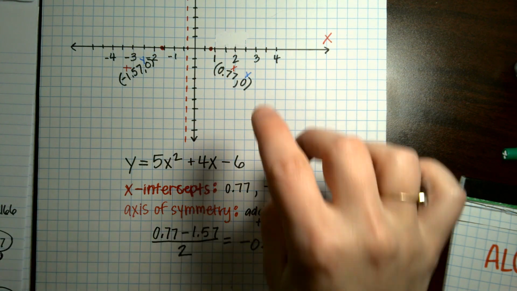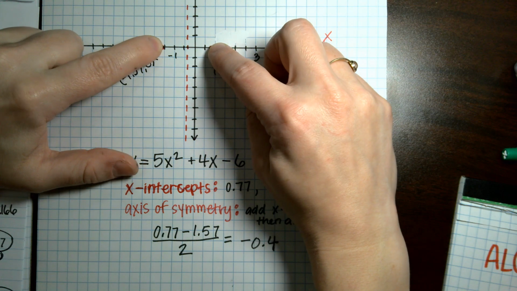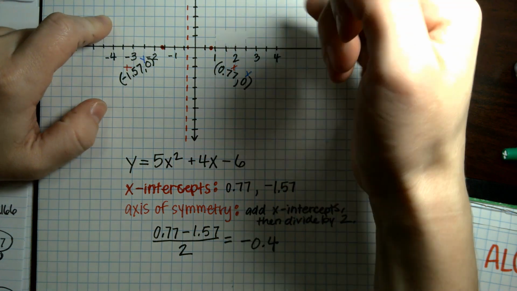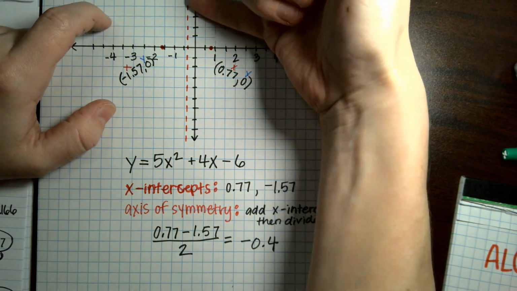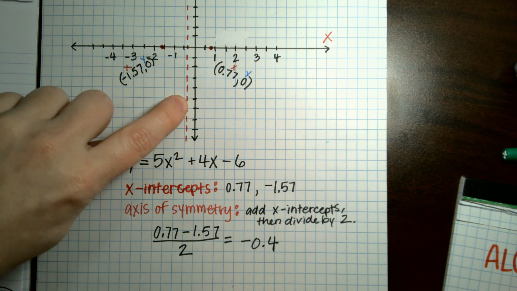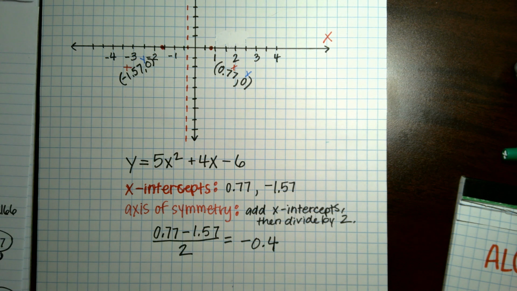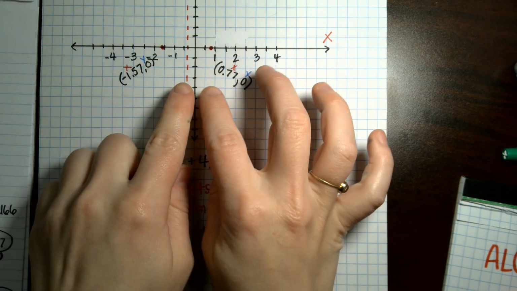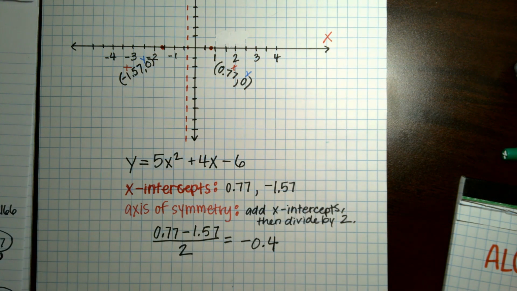Okay. So we just found where the U shape is going to cross the x-axis. We found where the vertex is going to fall on the x-axis. The vertex is the point in the middle that is the bottom of the U. So we know the x value for the vertex. We just need to find the y value.